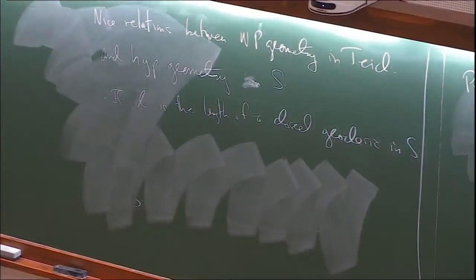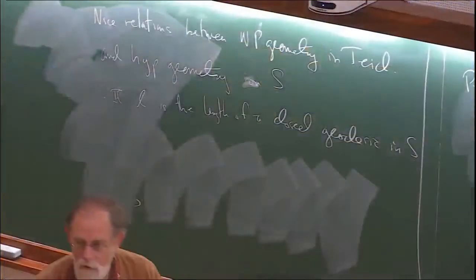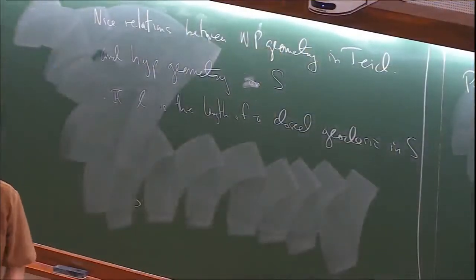What I'm really saying is I've got a free homotopy class, and for each choice of hyperbolic metric in S, there is a unique closed geodesic in that class. And then I want to see how the length of that geodesic varies as we vary the metric. So just think of it as one geodesic whose length changes as we change the metric.